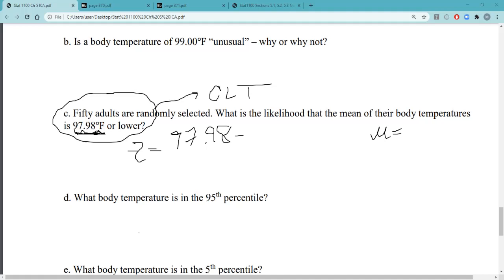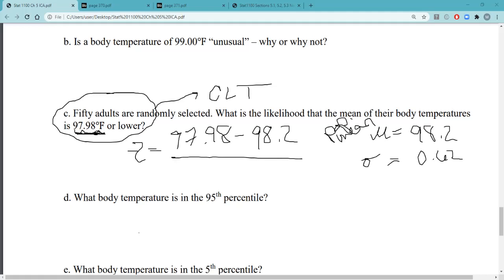Remember at the top we were told that mu, our population mean, is 98.2, and sigma, our standard deviation, is 0.62. So going back to our formula, z is equal to 97.98 minus 98.2 over... Here's where it's important to realize that we're using the central limit theorem.